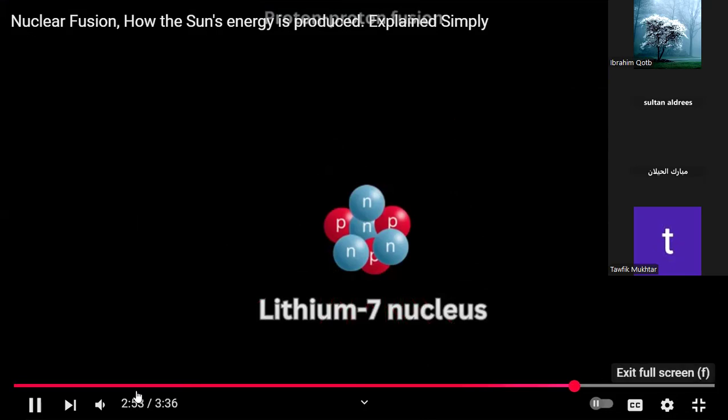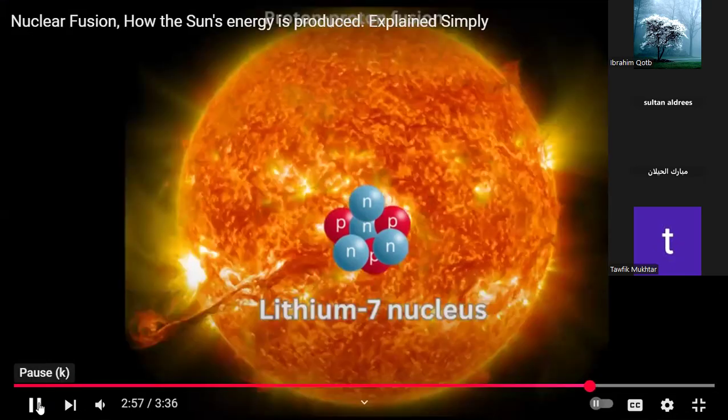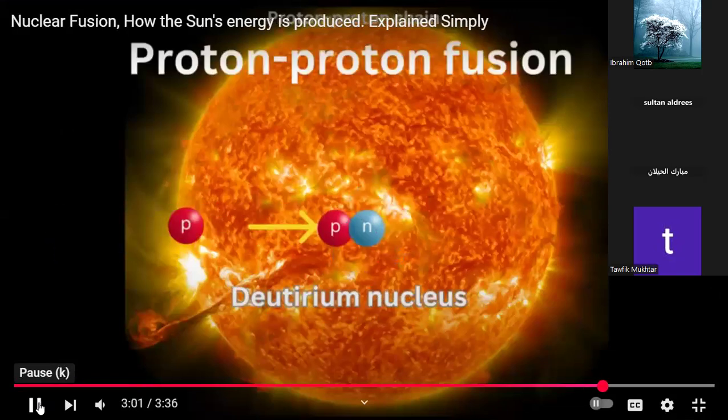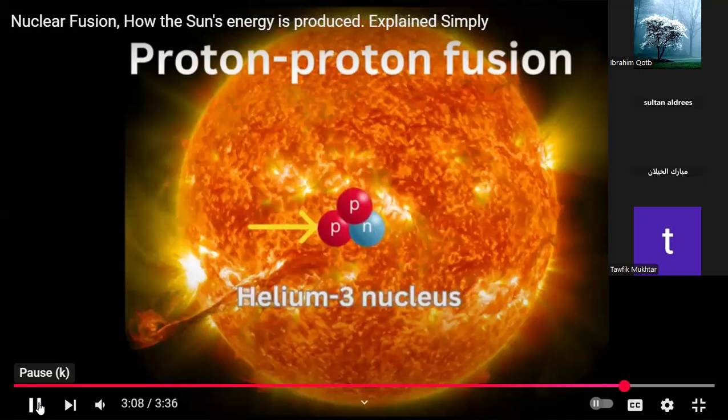The lithium-7 nucleus does not directly take part in subsequent fusion processes within the Sun after the beryllium-7 decay. As mentioned in the earlier steps of the proton-proton chain, the primary reactions in the Sun's core involve the fusion of protons to generate helium nuclei.